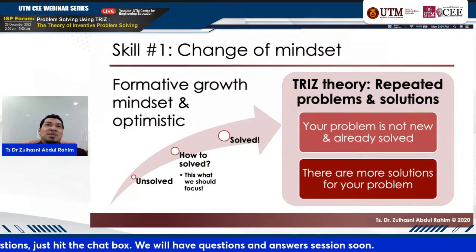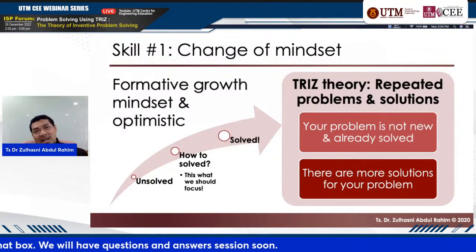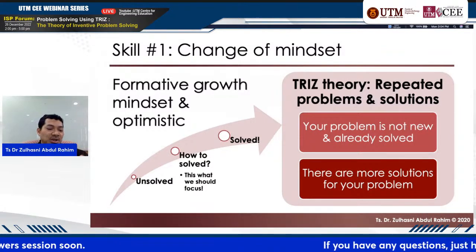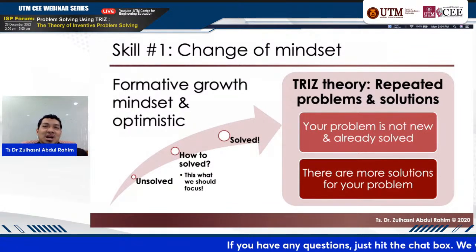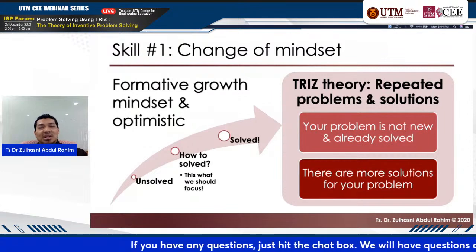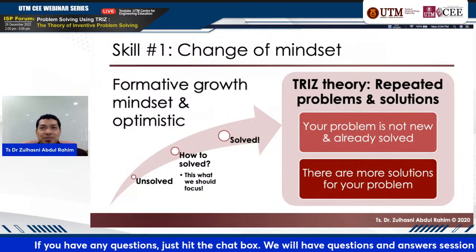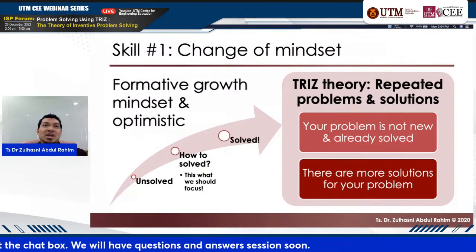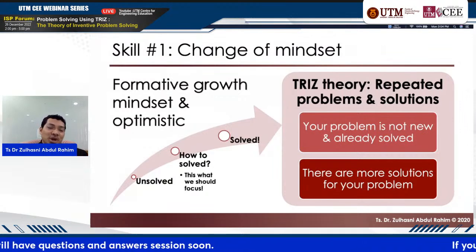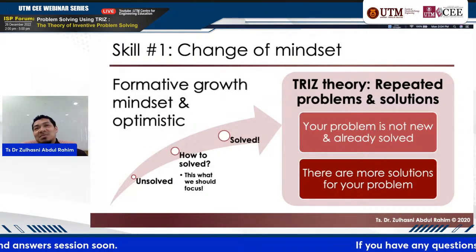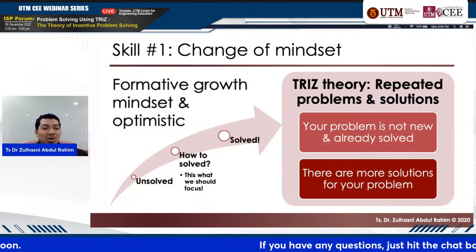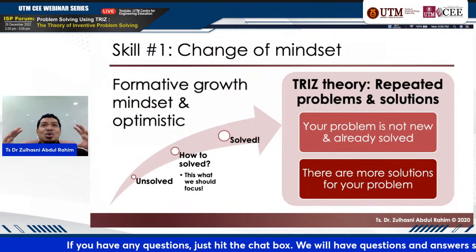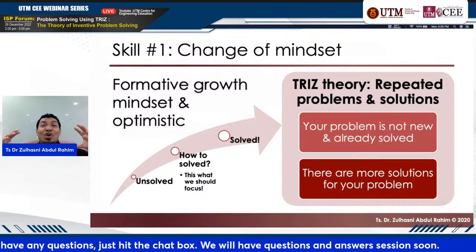The first part is the skill to change your mindset. Try to develop your mindset in a formative way. Because when we are in school, at the education level, we are assessed with examinations and coursework at the last part of the program, which we call summative. Actually, for humans, we develop our mindset and grow in an organic way.